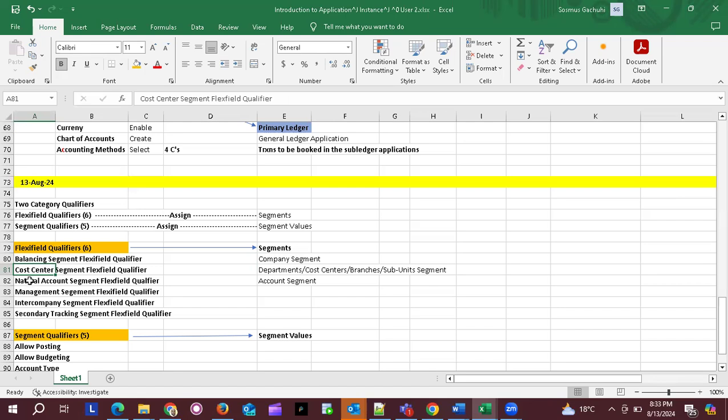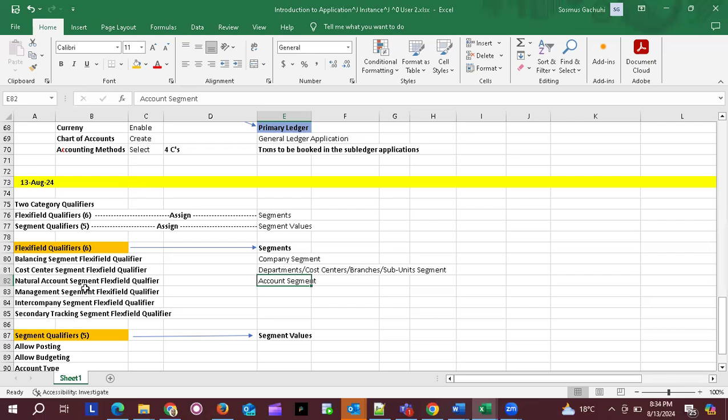Again, when you assign the natural account segment Flexfield qualifier to account segment, it will take the characteristics of the natural account.